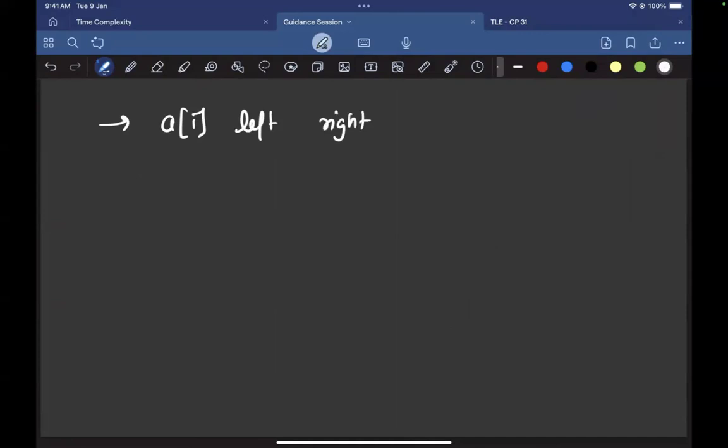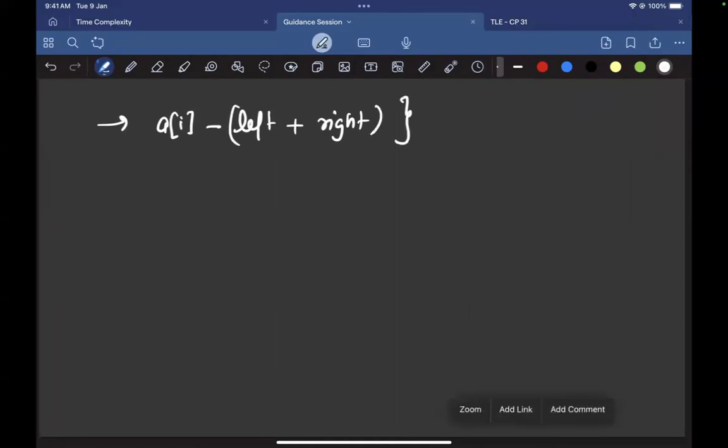Now, if I'm making sure that the number AI is the power number, this number stands at the very end of the whole argument. This is the power that is left behind. That means that I want AI minus left plus right to be actually the final power left. Is that correct? Does this make sense?